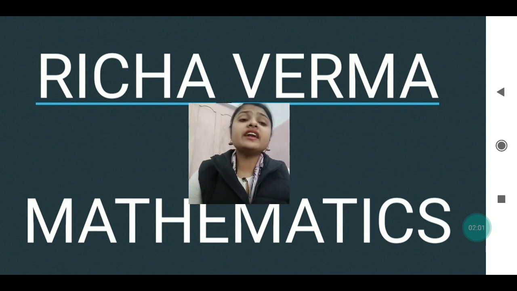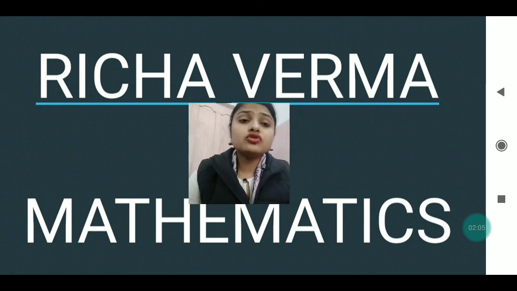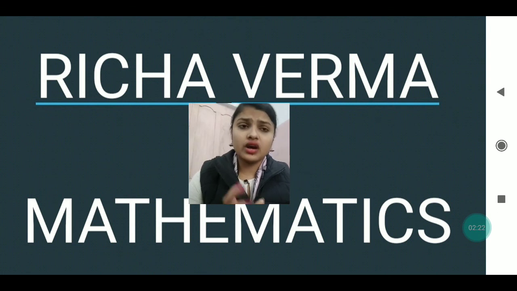The dividend is the larger number in the division, the number which we divide. The quotient is the answer which we get after dividing the dividend by the divisor, and the leftover amount which we write at the side is the remainder.